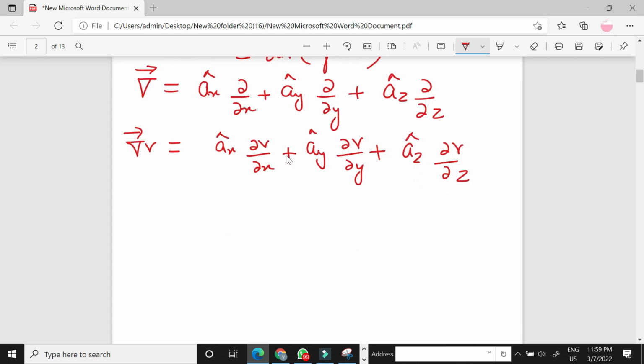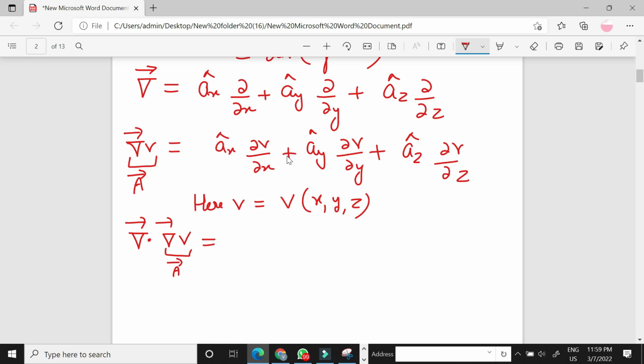Now here V is equal to function of x, y, z. Now del dot del V, suppose it is a vector, so this is a vector and it will equal to divergence of A, and we know divergence formula in the Cartesian coordinate system, del Ax upon del x plus del Ay upon del y plus del Az upon del z.